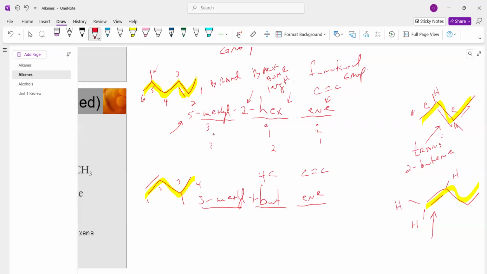Whenever we do a line drawing, the beginning is a carbon, the end is a carbon, and every kink is a carbon. So we've got a beginning, an end, and 4 kinks. A beginning and an end is 2, and then 4 kinks. That's 6 altogether.